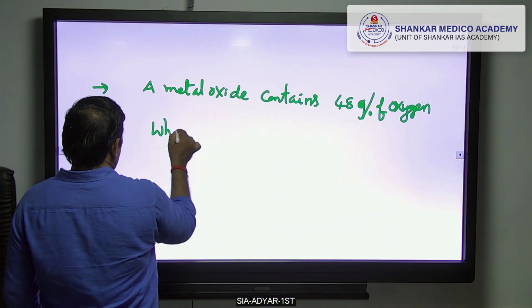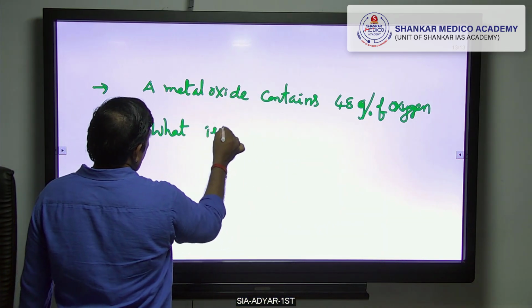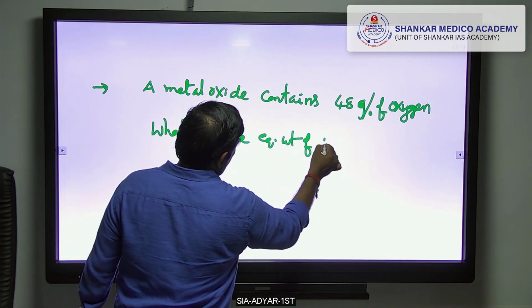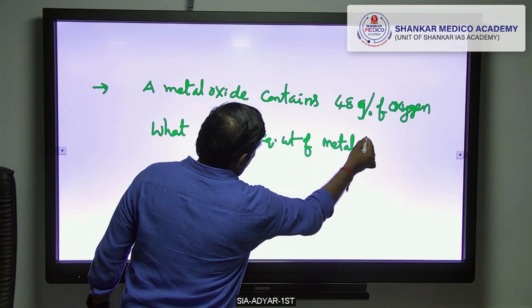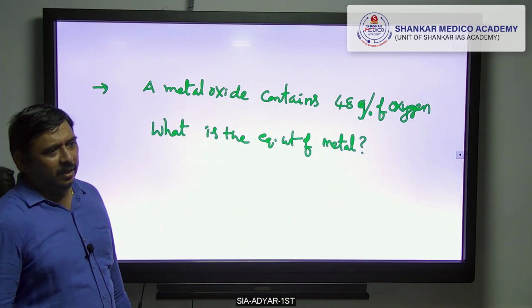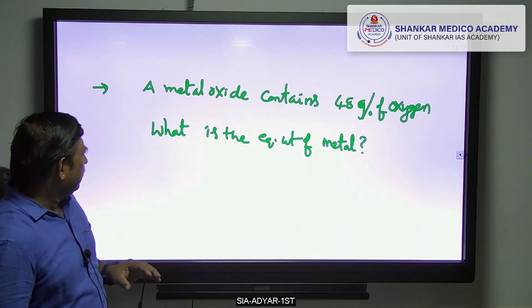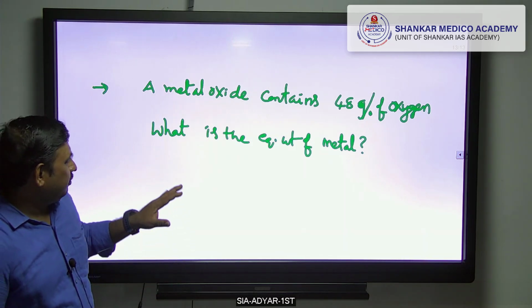So what is the equivalent weight of the metal? They are asking like that. So how to calculate the equivalent weight of the metal in this problem? See, how to approach this problem?